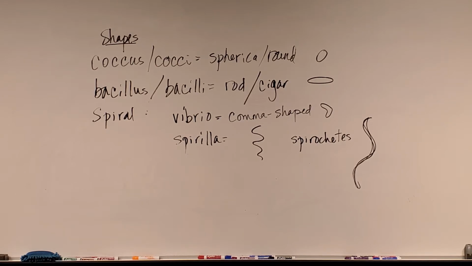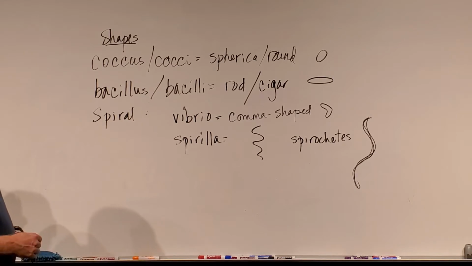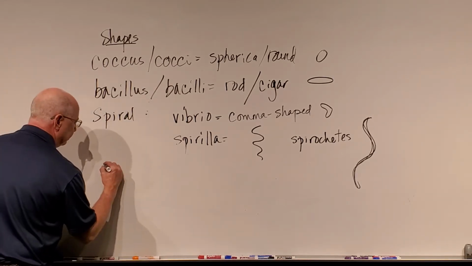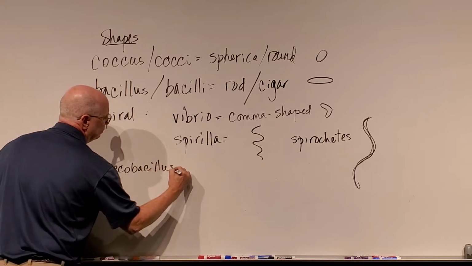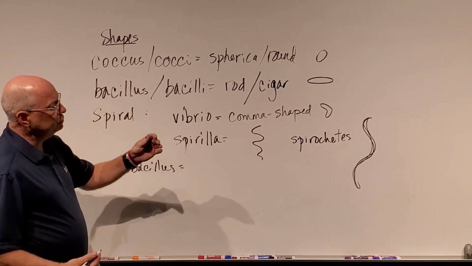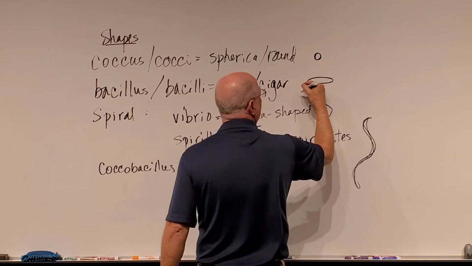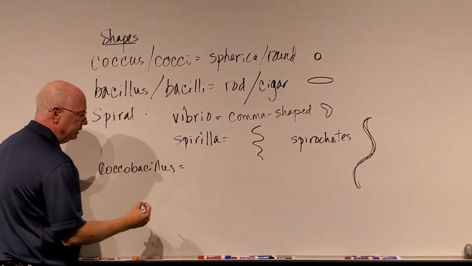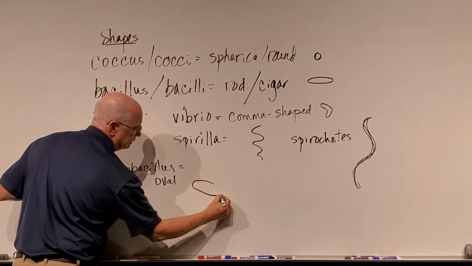Now, when it comes not only to the shape, we can also talk about the arrangements of these bacteria. Oh, by the way, I knew I was leaving one out. There's one called coccobacillus. And coccobacillus is sort of something between being perfectly round, like this one, or being rod-shaped. These are more oval-shaped. And when I say oval, they're kind of tapered at the ends.